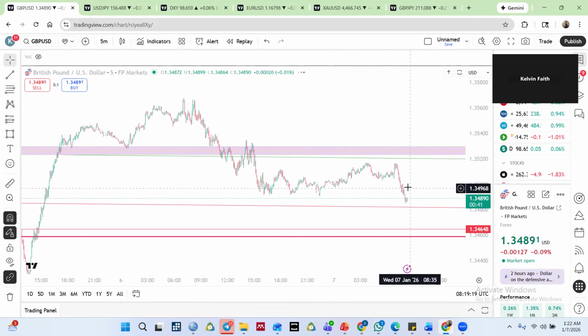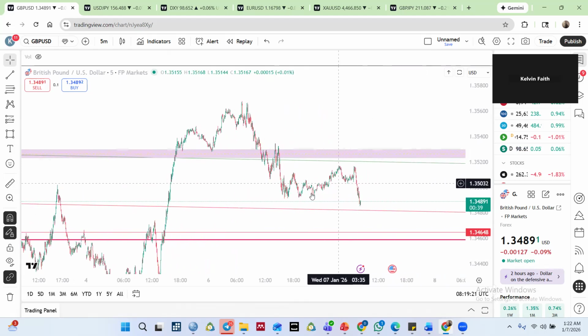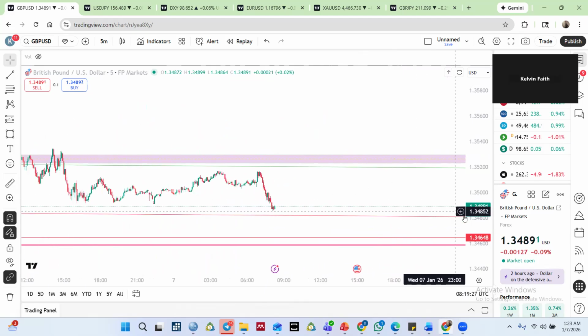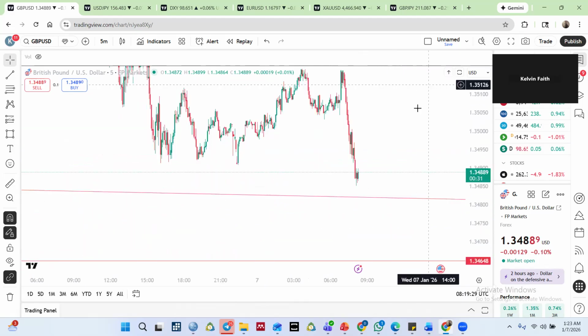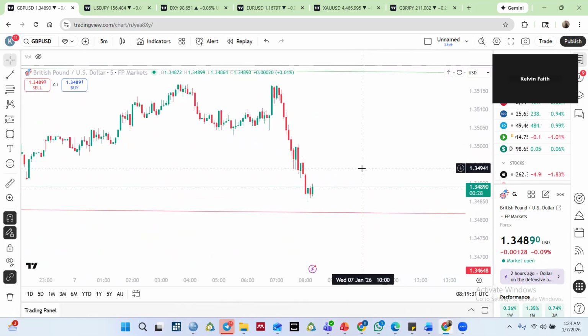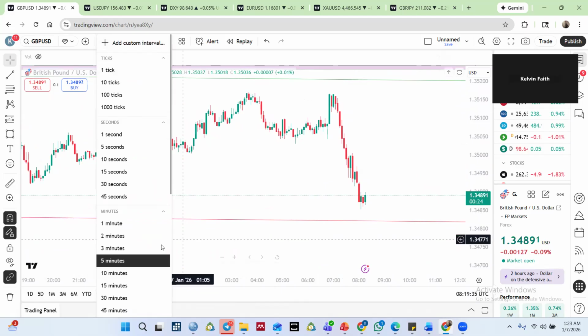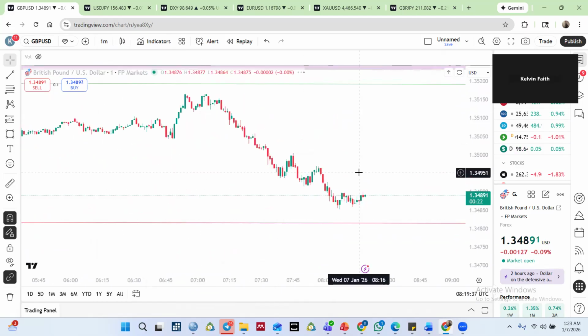5 minutes is also looking bearish. You will need the structure to change. On the 1 minute, there is no structure currently.